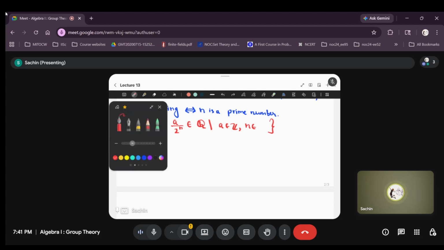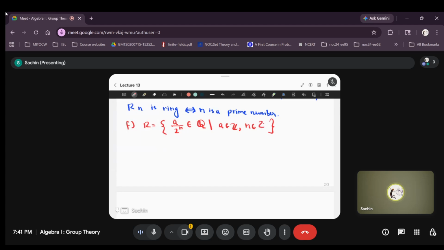In some fields, like computer science and in some courses, they consider 0 as part of the natural numbers, and in many real analysis courses as well.